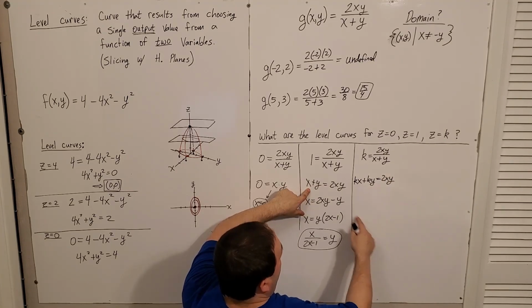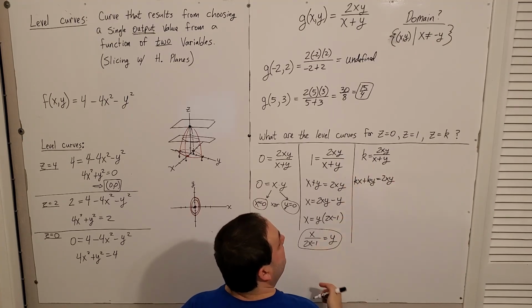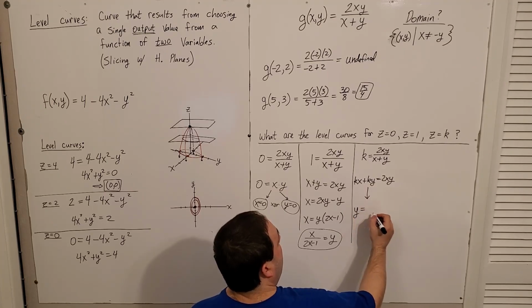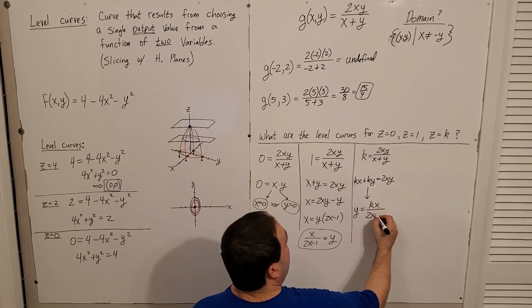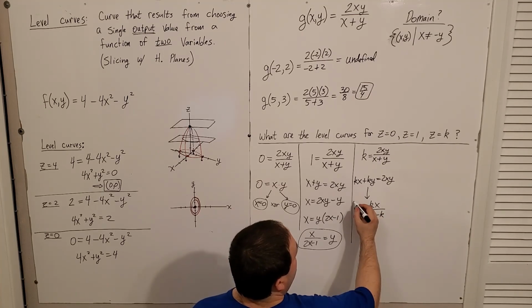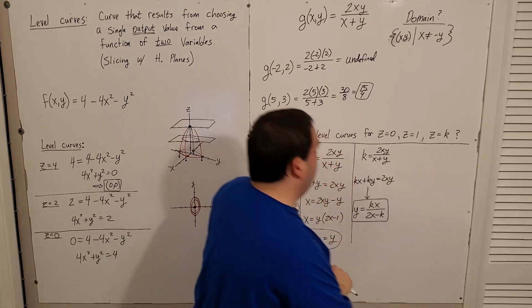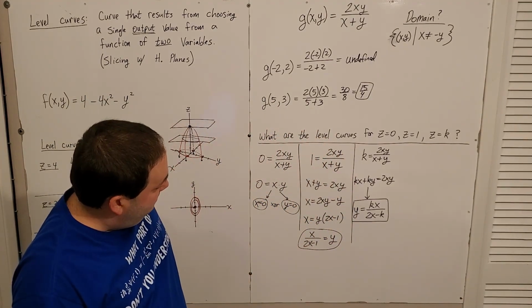And then I'll go through the same process as I did over here. I'll subtract, I'll factor out the y, and I'll divide. What I'm going to end up with is y equals kx over 2x minus k. Okay? And then you can just try to insinuate from there what your level curves would have to be, right?